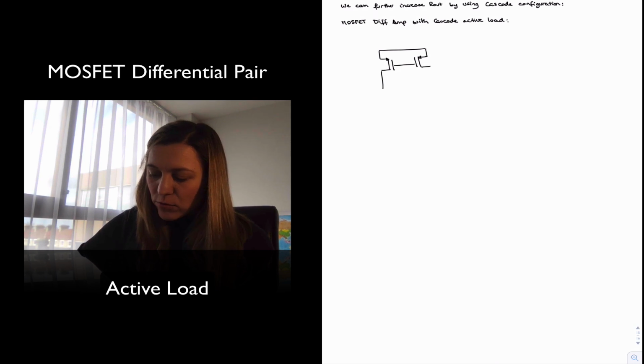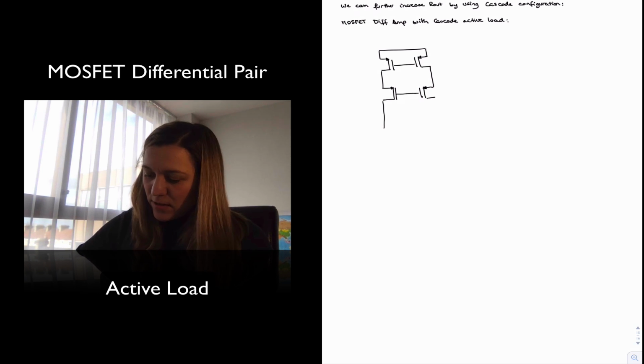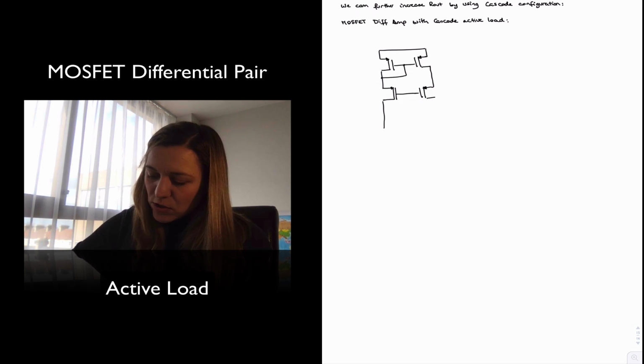Higher transistor count, but higher gain as well. And as we know in electronics, you rarely ever get anything without a trade-off. So in the case of the Cascode, these two will be diode connected. And then I will have my differential pair.